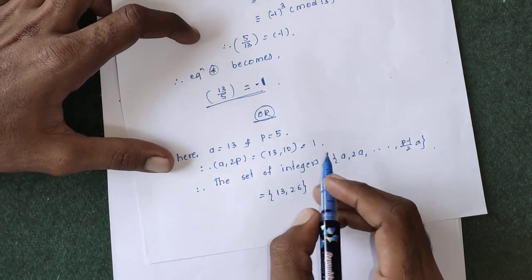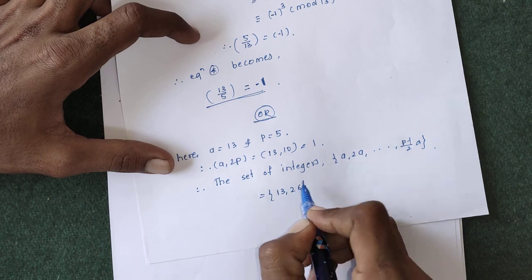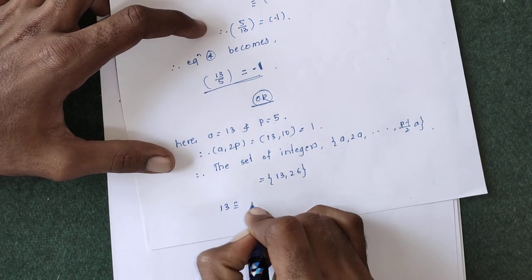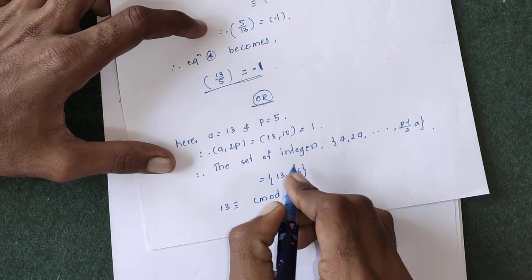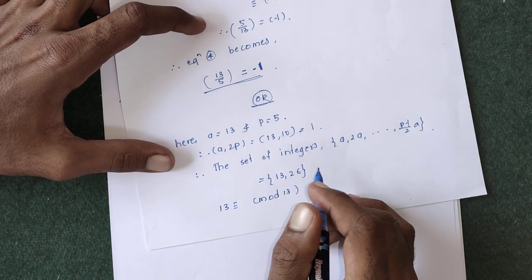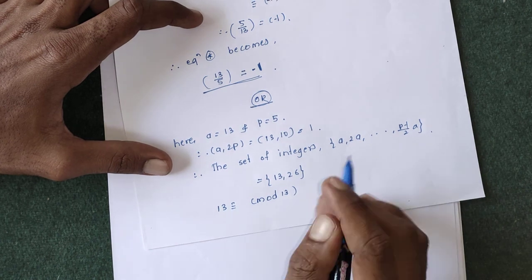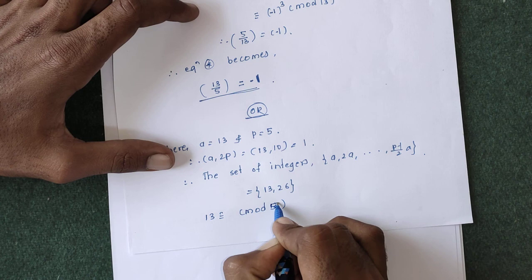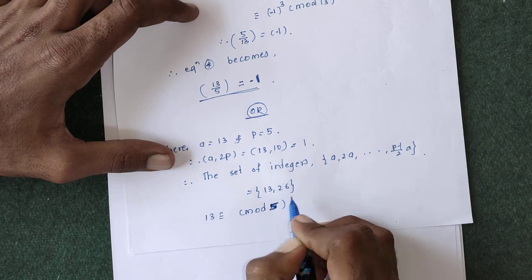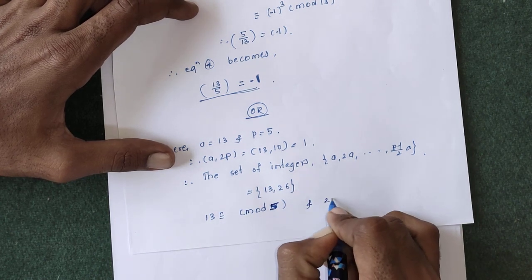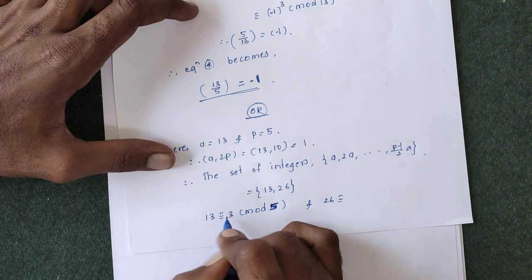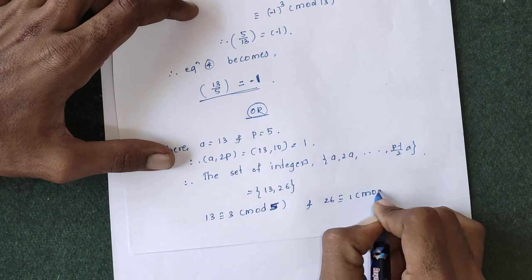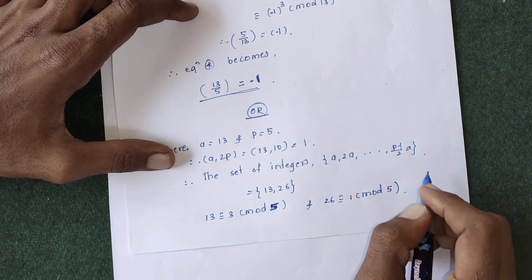Now we are going to take these numbers under modulo p, where p is equal to 5. So 13 is congruent to 3 under modulo 5, and 26 is congruent to 1 under modulo 5.